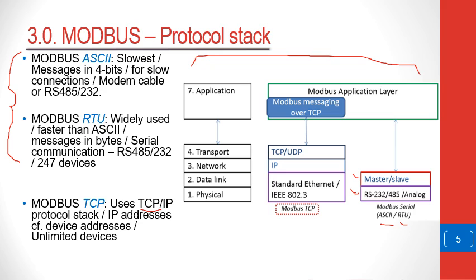However, Modbus TCP uses the full TCP/IP protocol stack. It uses standard Ethernet for layers 1 and 2, then layer 3 uses the IP protocol, and the transport protocol uses TCP or UDP. So these are the two differences. Modbus TCP is basically Modbus over Ethernet and the TCP/IP protocol stack.